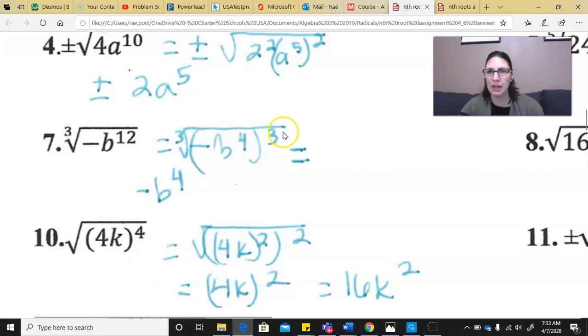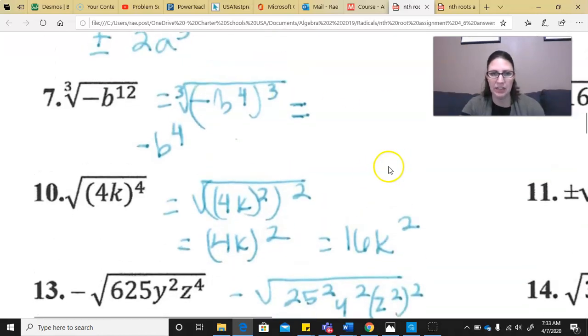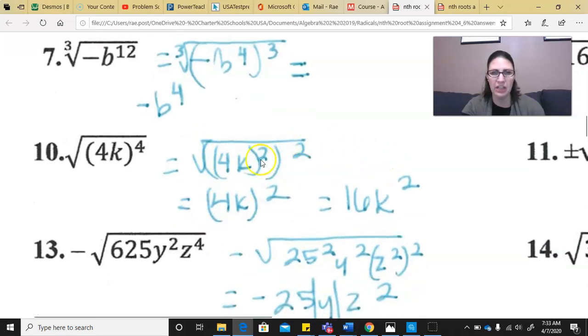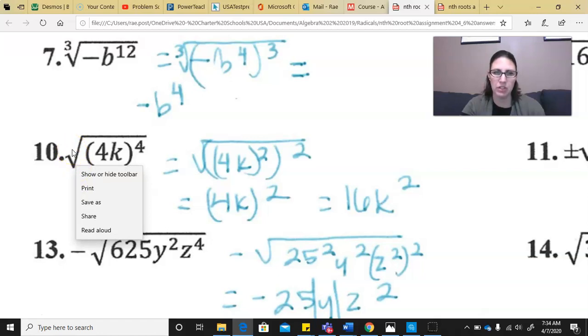I'll just go over a couple other questions that some of you guys had. So like for example, number 10, I saw this question asked yesterday. And so 4k to the fourth power, you guys can see this index is a power of 2. So with that being a power of 2, you have to rewrite these as a power of 2, but it's 4k stuck together. So you can write the whole thing as 4k squared to the power of 2.